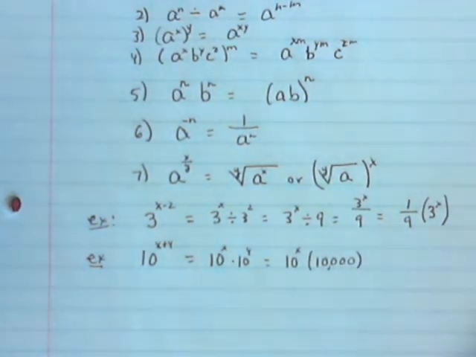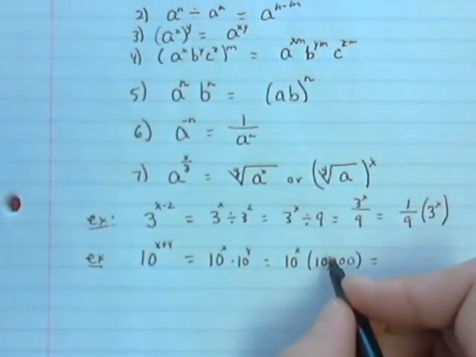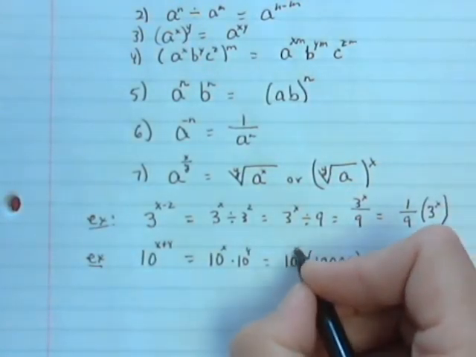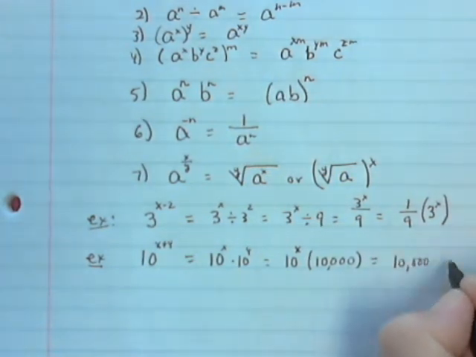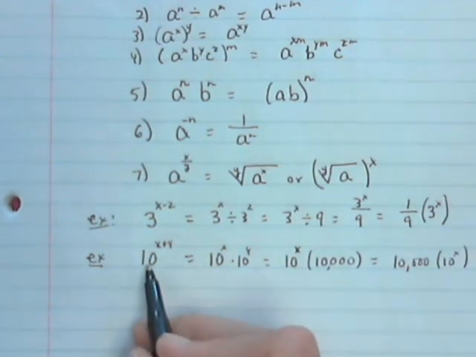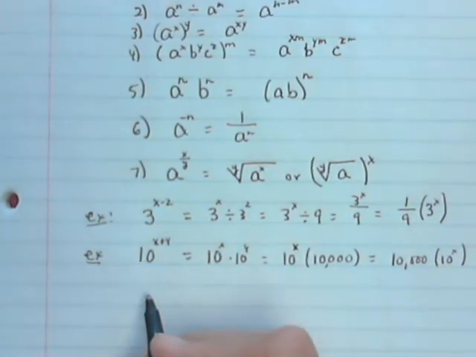So that's 10,000 if you don't have a calculator. Usually you'll put the coefficient in front of the exponential expression. So that's 10,000 times 10 to the x power, which is the same thing as 10 to the x plus 4.